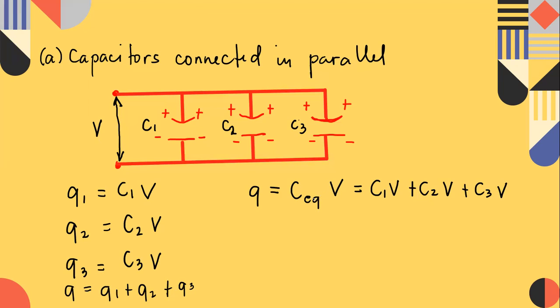Then dividing out the potential difference or the voltage, we have the equivalent capacitance is equal to C1 plus C2 plus C3. These are the formulas under the parallel.